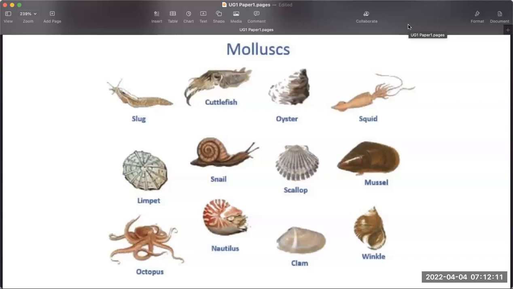Ventral side is claw-like surface, and that one is called as foot. The foot is variously modified. Why modified? Because it will creep, it will burrow, and will swim. Accordingly, foot is modified.